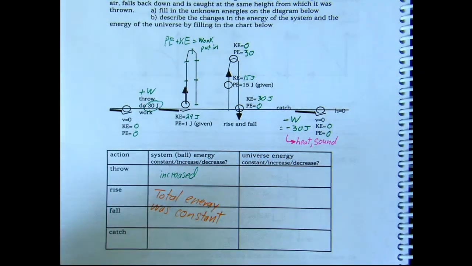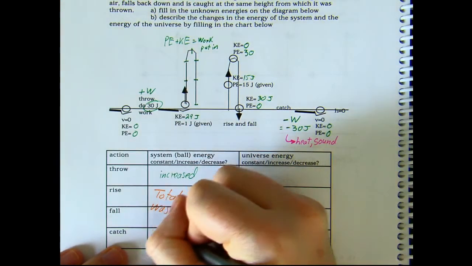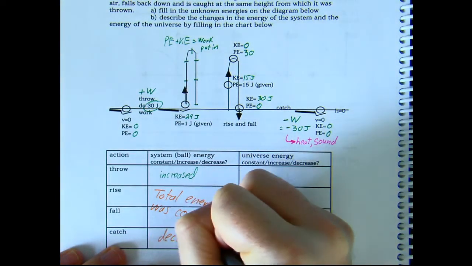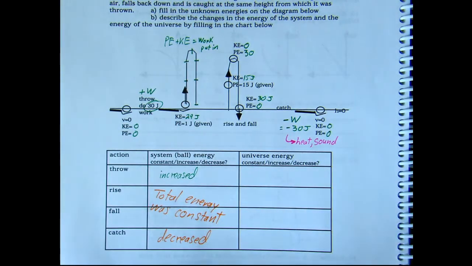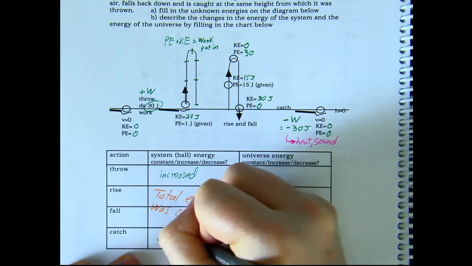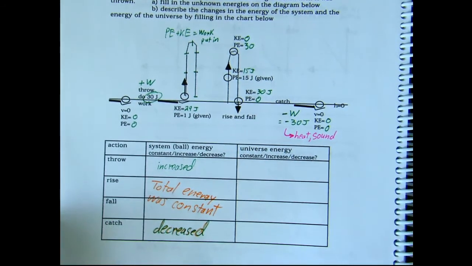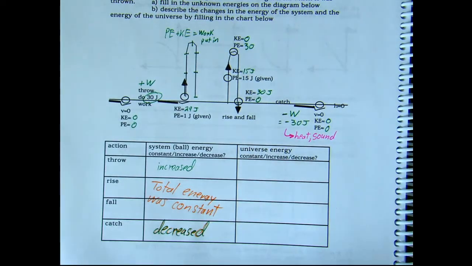It changed from kinetic to potential, but the total energy was constant. It was equal to the amount of work that we put in. And then as we caught this thing, the energy decreased. So, actually, I should have made that green. It decreased. So then, well, what do we say? Is energy conserved in the system if the system is the ball? Well, no, not really.